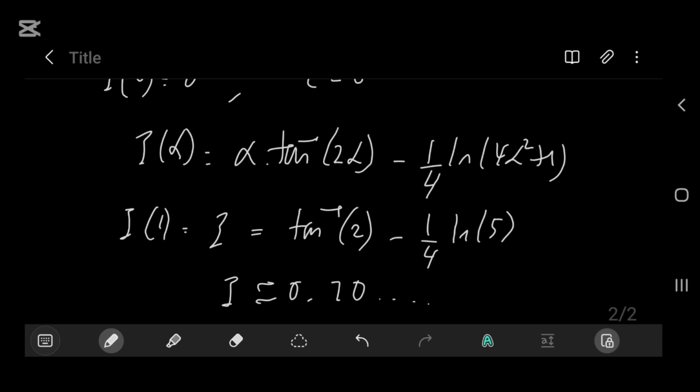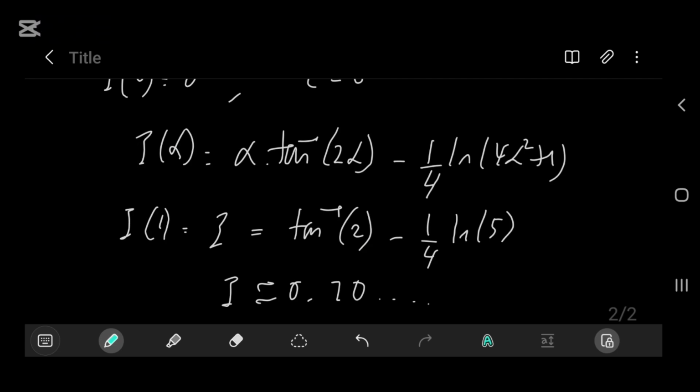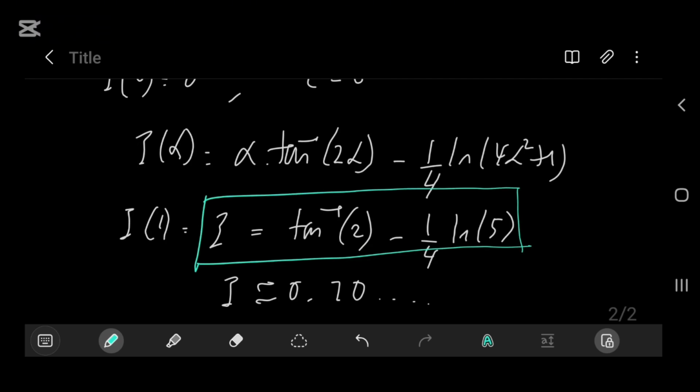I don't need that. So here we go, folks. This is the final answer for our required integral today.